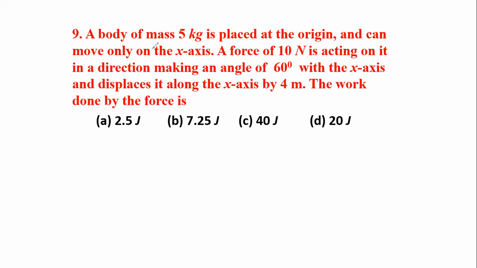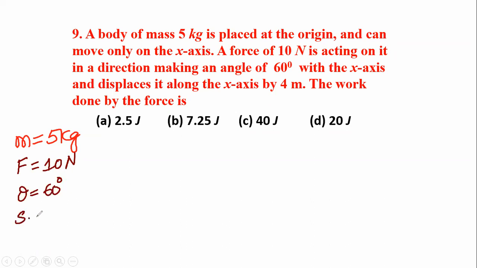Let us suppose a body of mass 5 kg is placed at the origin of the coordinate system and moves along the x-axis by a force F equal to 10 newtons, acting at an angle theta equal to 60 degrees with the x-axis, and displaces it along the x-axis by 4 meters.